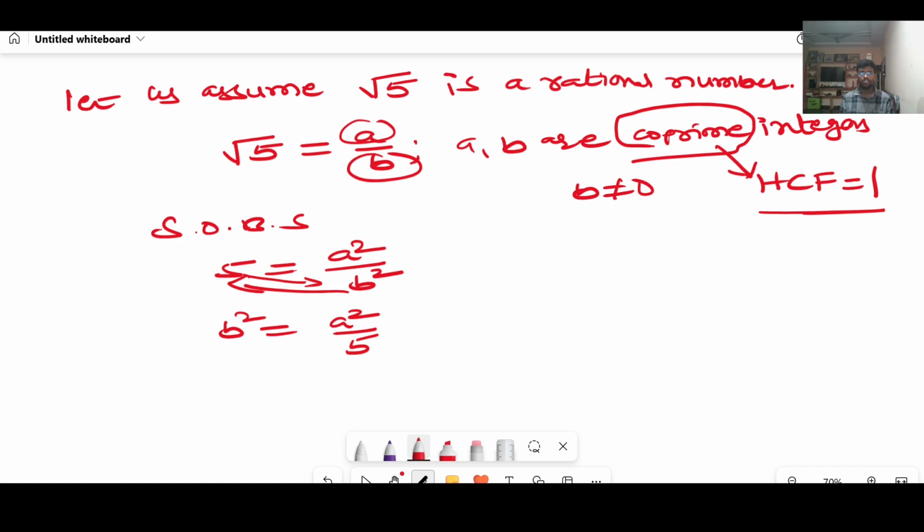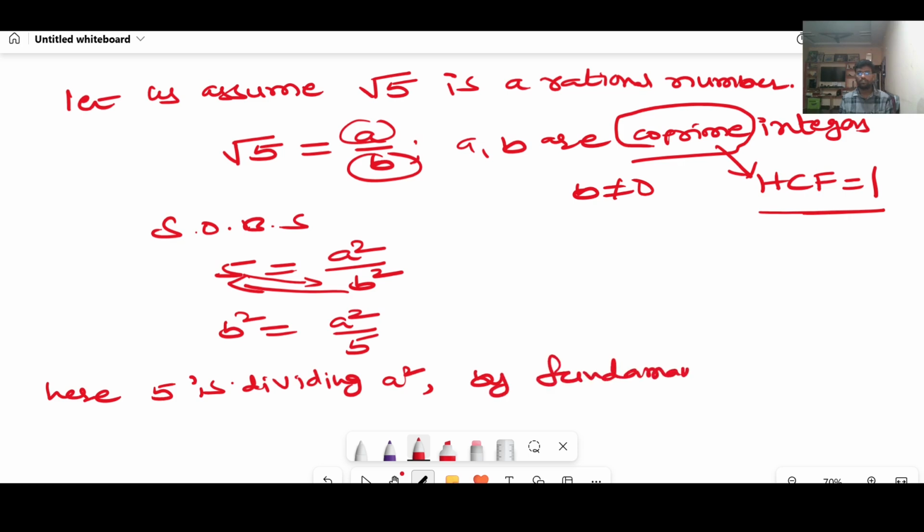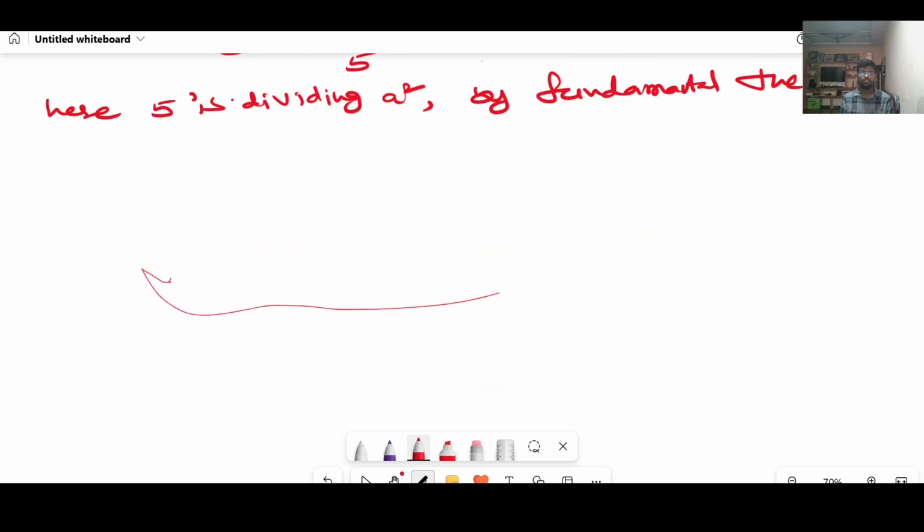Now here, 5 divides a square, right? 5 is dividing a square by the fundamental theorem of arithmetic.